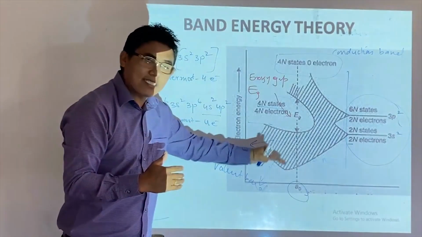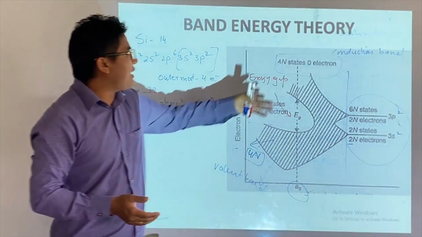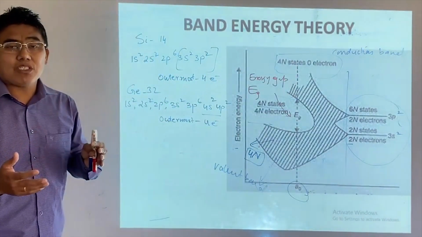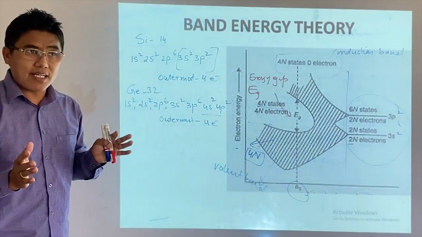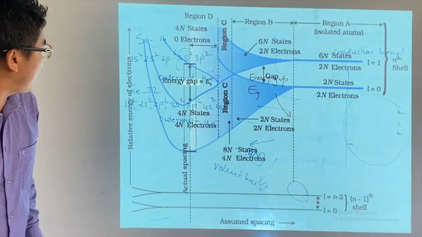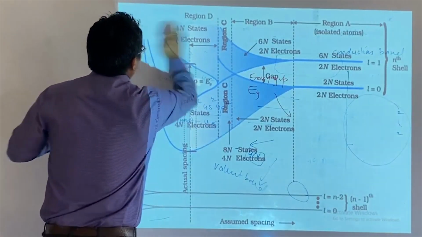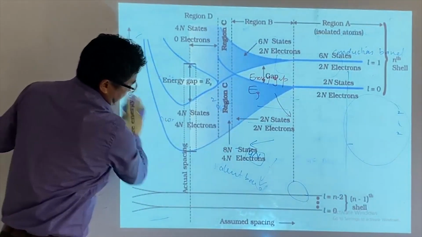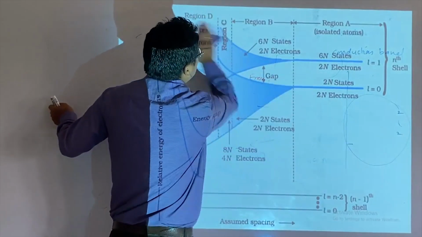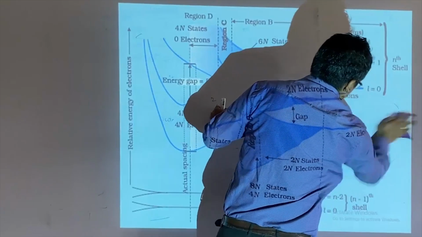One is what we call the valence band, which is completely filled, and the other is what we call the conduction band, which is completely empty. Alright, so this is what we have, right? Again, one more diagram I would like to give you. This is our textbook diagram. Again, I will repeat this. This is very important for the remaining concepts.